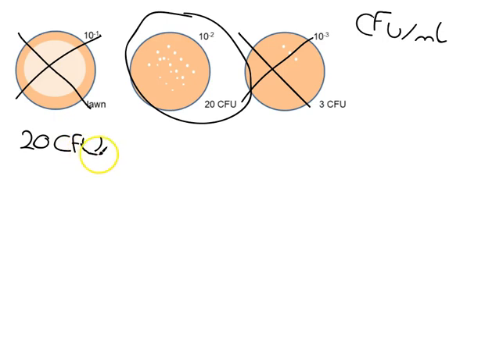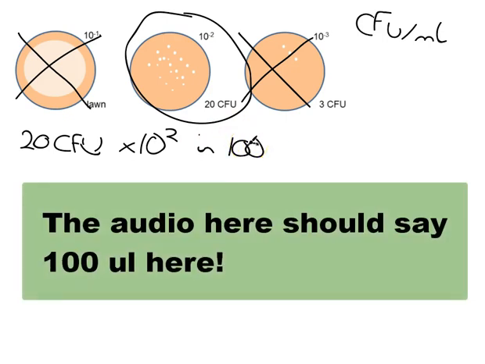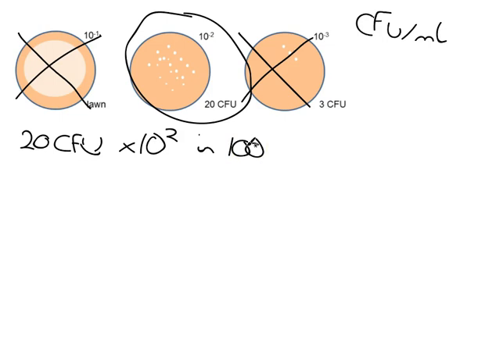We know that that's in a dilution of 10 to the 2. And from the coursework booklet, we know that that is from a droplet that's got 100 microliters in it, which is the same as 0.1 mil.